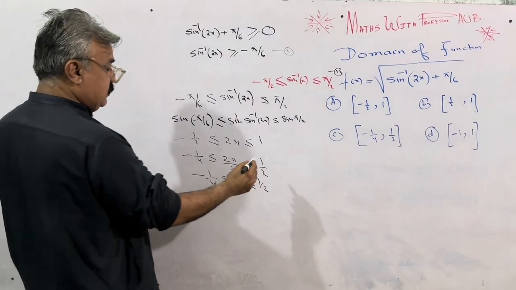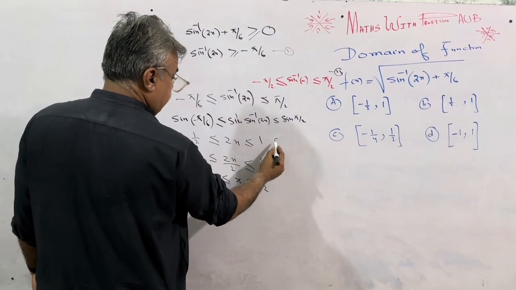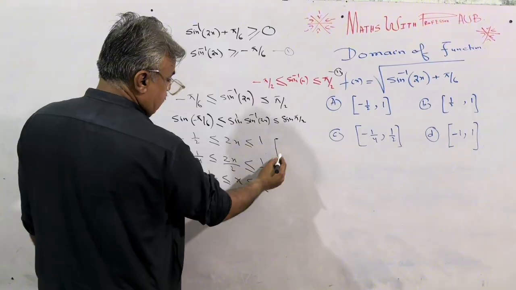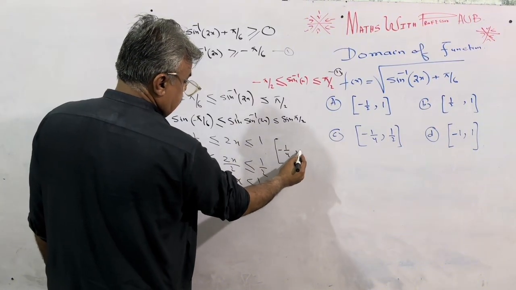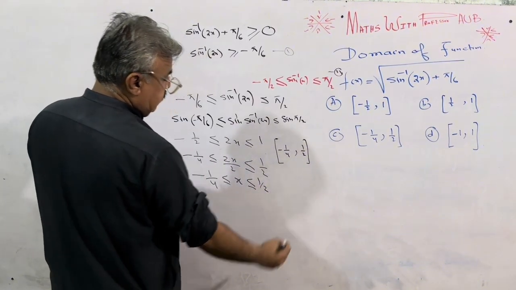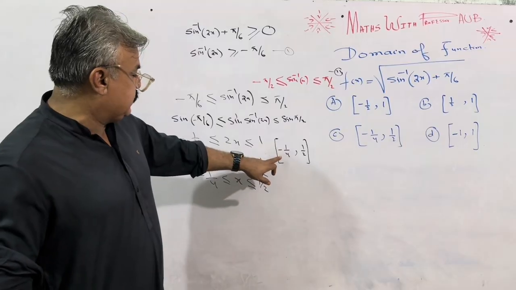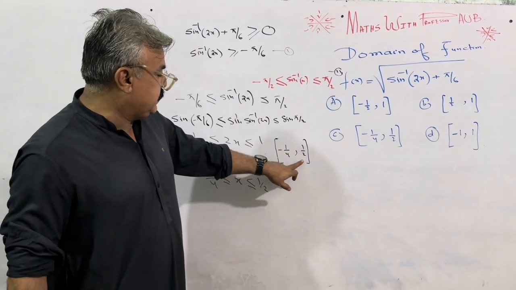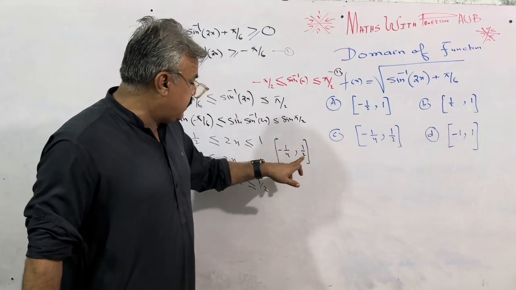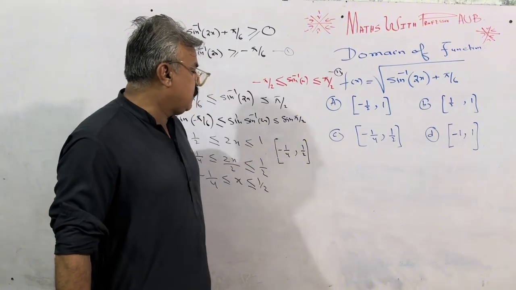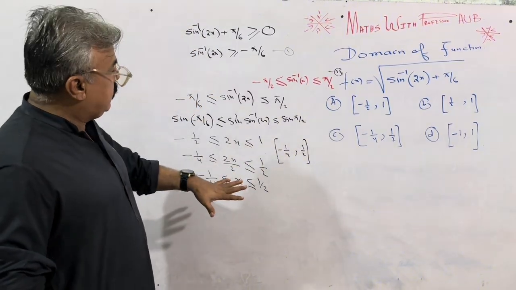Writing this as a closed interval, the big bracket means closed interval: minus 1 over 4 comma 1 over 2. It means minus 1 over 4 is included as well as 1 upon 2. Every number from minus 1 upon 4 to 1 upon 2 is also included.